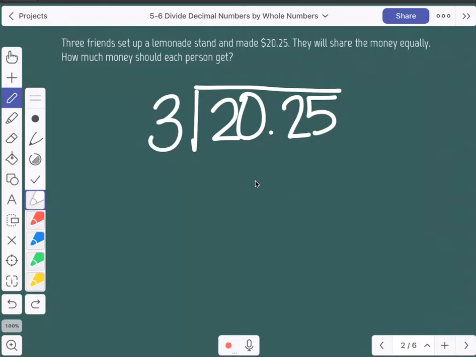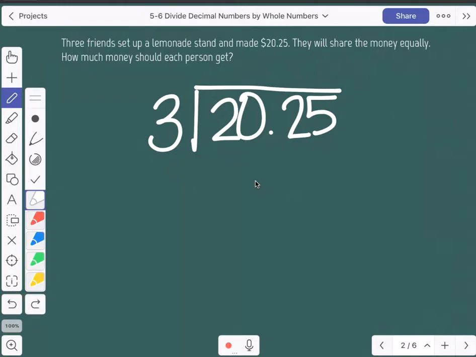Okay, so we've got this $20.25 that we're going to divide by 3. We start out by solving it the same way we normally would. We look and see how many 3's go into 2, and the answer is none because 2 is less than 3. So instead we look at 20.